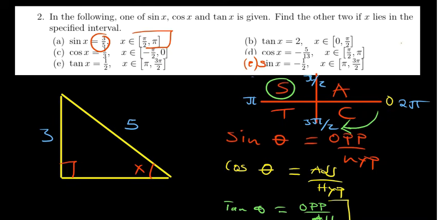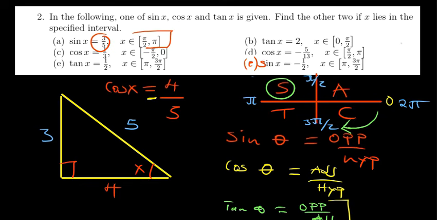We are interested in the positive answer alone. So you can easily find the missing ones. Cosine being the first one, the trig ratio is adjacent over hypotenuse, so the adjacent is 4 and the hypotenuse is 5. Now, negative or positive? We are in the second quadrant, so it will be negative because only sine is positive in that quadrant.